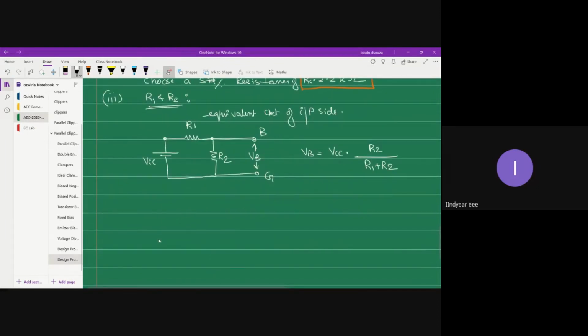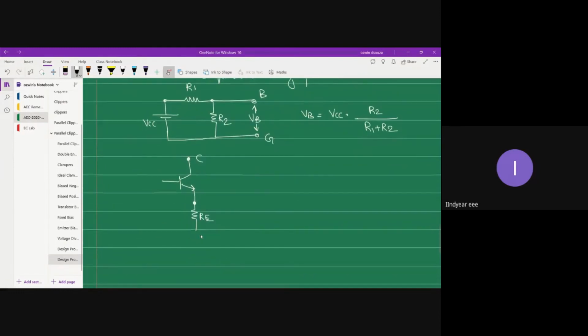I think in the previous problem also I had written VB. If at all you did not get it, what exactly is VB? This is your emitter resistance RE, and this is your ground terminal. This is your base terminal. So I am defining VB as the base to ground voltage. This is your ground node. So this is my VB.